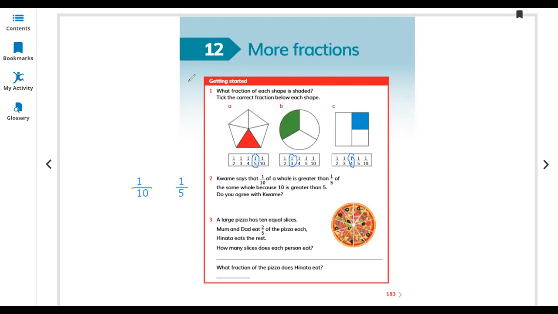For example, if there is a shape and we divide it into 5 equal parts, first I need to make a sign, 1, 2, 3, 4, 5. Okay.